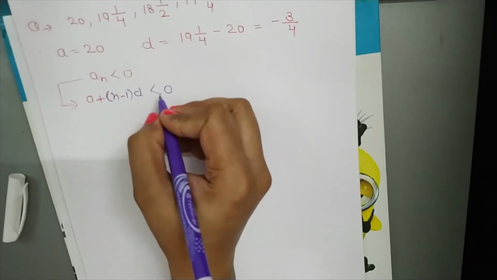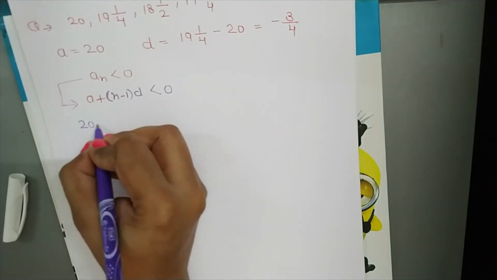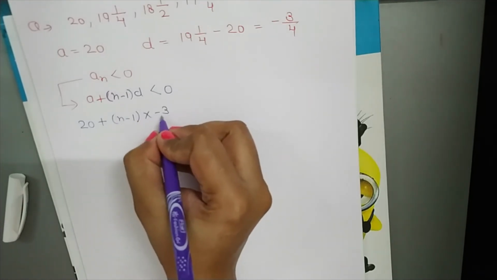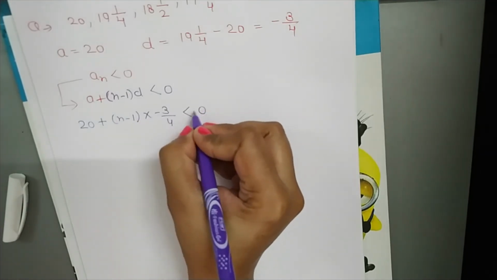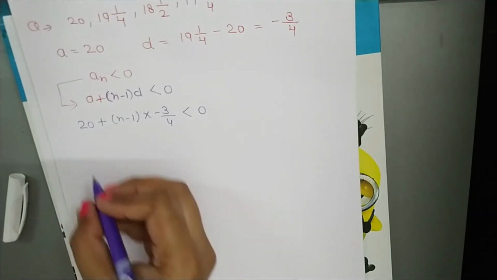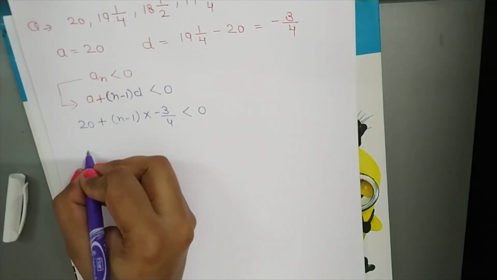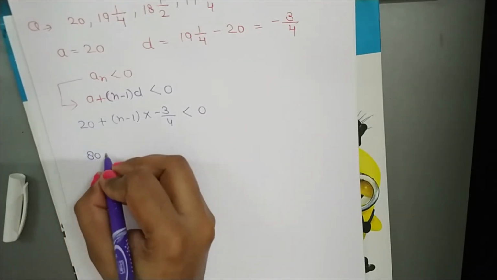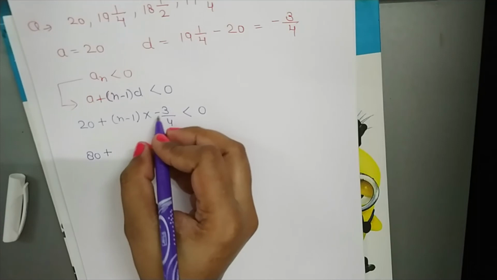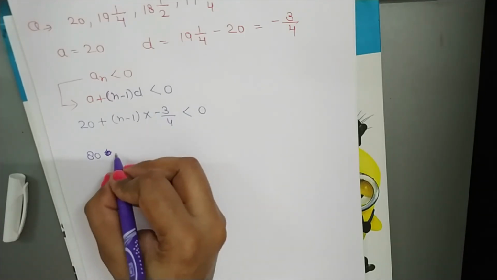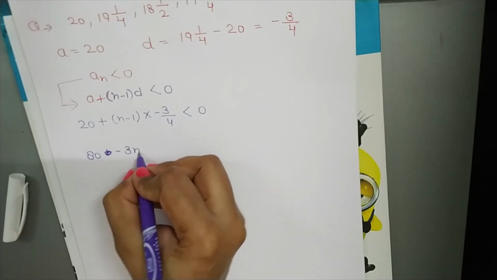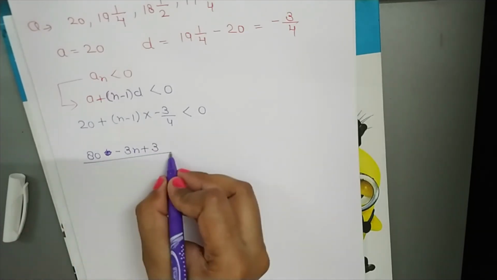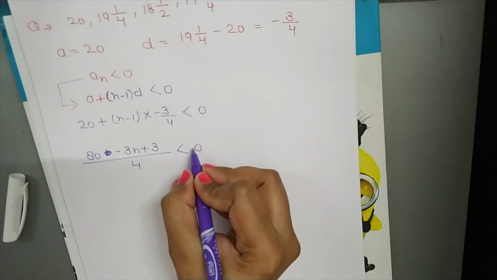Then a is 20 plus (n minus 1) times d, which is minus 3 upon 4, is less than 0. Take the LCM, so it will be 80 minus 3n plus 3, divided by 4, is less than 0.